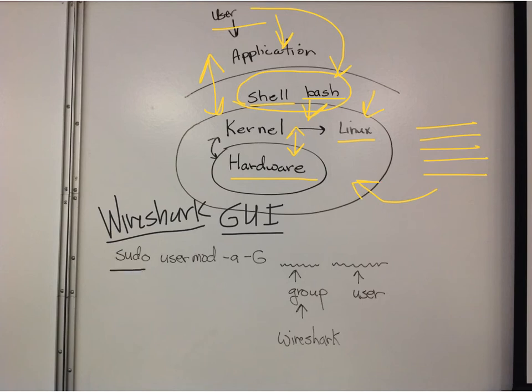Sudo authenticates us in order to be able to run this command with these parameters to add us as a user to a group. The group was Wireshark, and here is the user. So this is an example of a shell command that tells the kernel, the operating system, to do something.